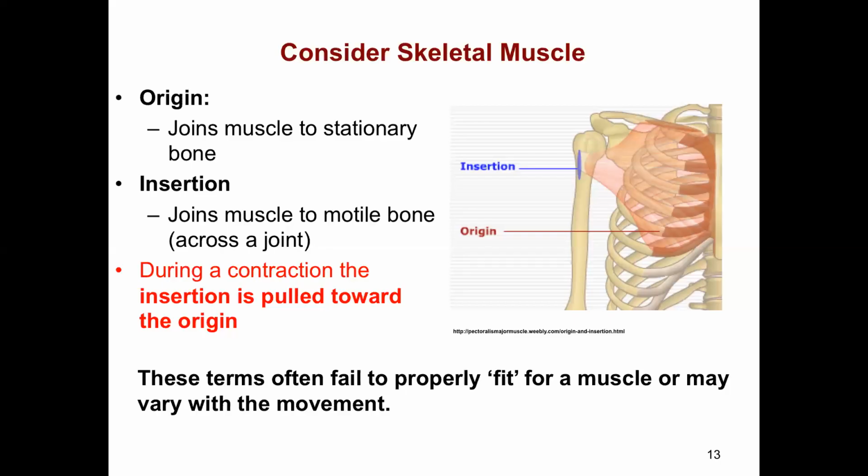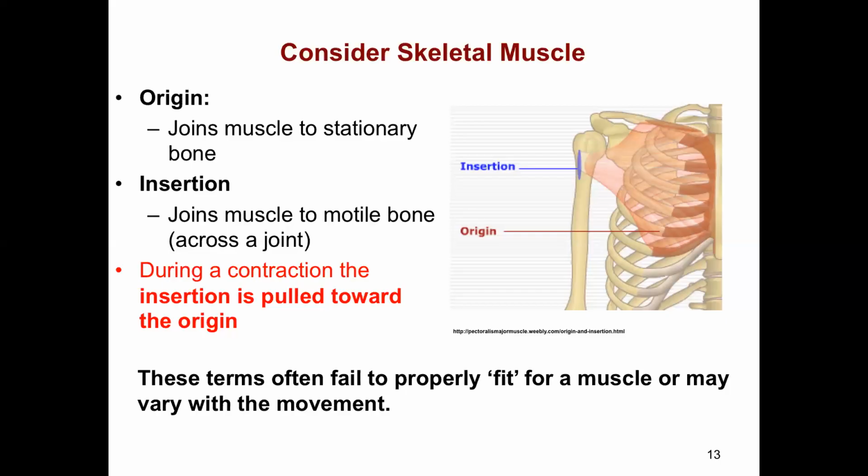For example, the biceps and the triceps, these terms make very good sense for those muscles, but you'll find that sometimes it's really confusing, all right? So please learn the terms, understand what they mean. But when you find yourself trying to assign an origin and an insertion for certain muscles and you feel confused, of course you do, all right? So don't be surprised by that, okay?